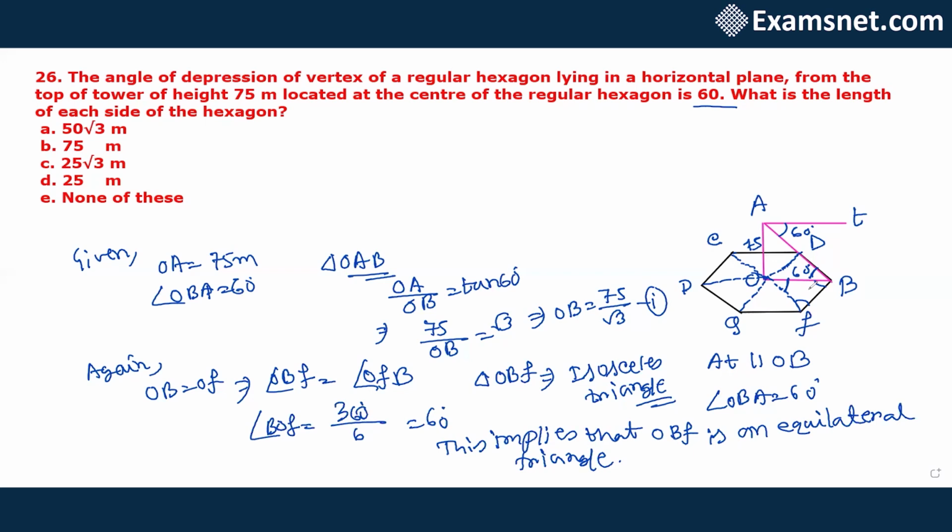So all 3 angles are 60°. That means this triangle is an equilateral triangle. So we can say that OB equals OF equals BF.